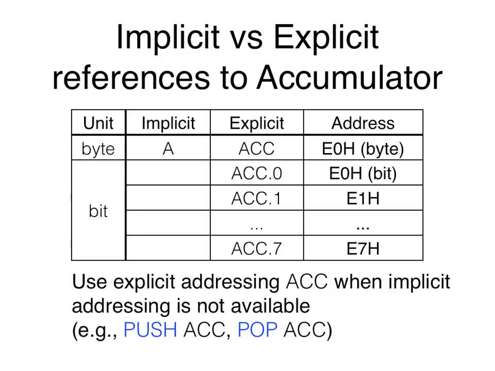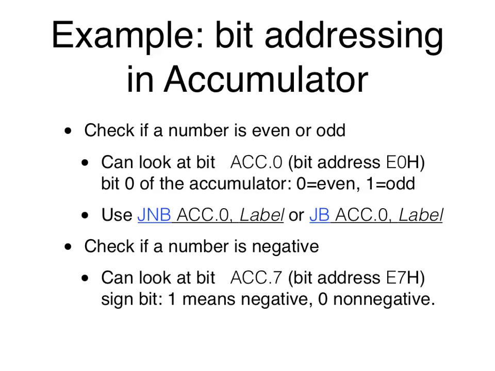Sorry, that doesn't exist on 8051. So you have to give the ACC, which says that's the byte address of the accumulator. And for bit addressing in the accumulator, you can say JB with ACC.0, ACC.1 or something, right?